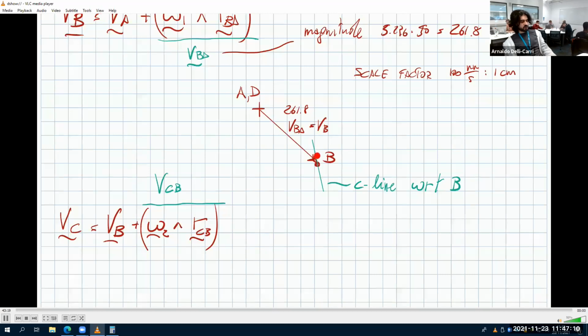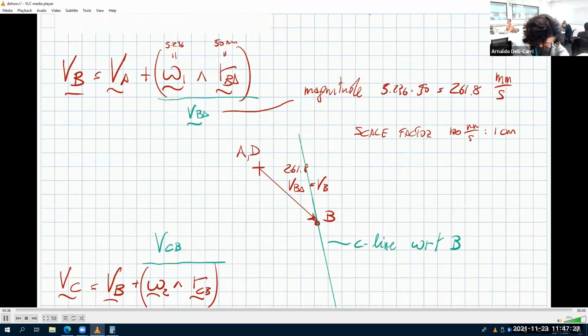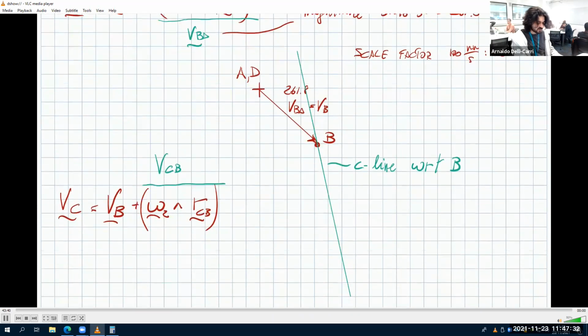I don't know where it stops. I don't know if it's in this direction or in this, and I don't know how long it is. So let's say this is the line I'm looking for. It's infinitely long and I have no idea where it stops.